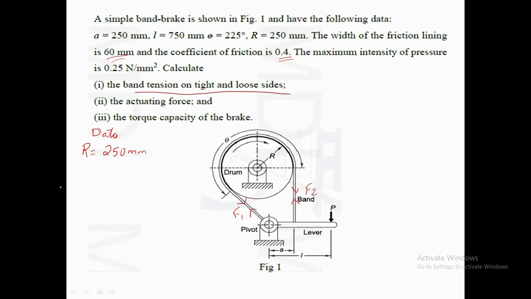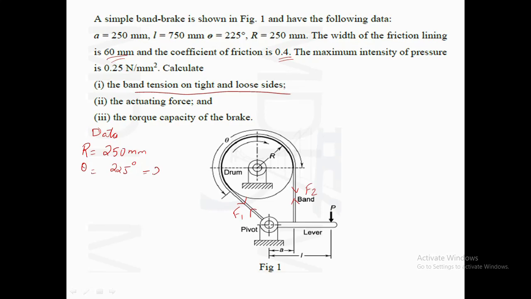Then theta is equal to 225 degrees. Either you can convert it to radians in the coming slide, or during the calculation. Here I am converting it to radians from the given data itself.